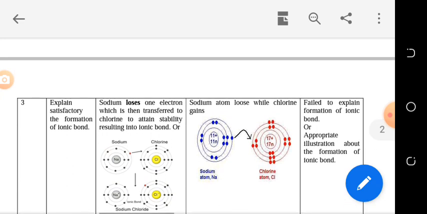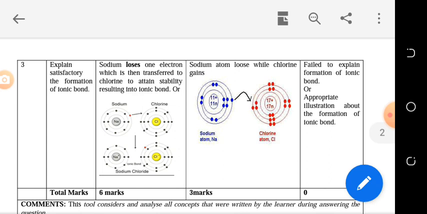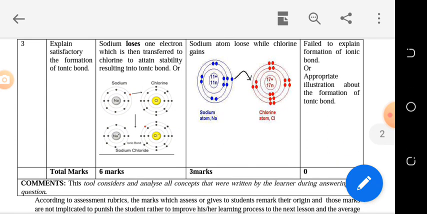Now, the student may give the explanation: sodium loses 1 electron, which is then transferred to chlorine to attain stability, resulting in ionic bond. Or may draw these structures: sodium, chlorine, the arrow indicating how the electron in red is transferred to chlorine. The resulting product will be sodium chloride.